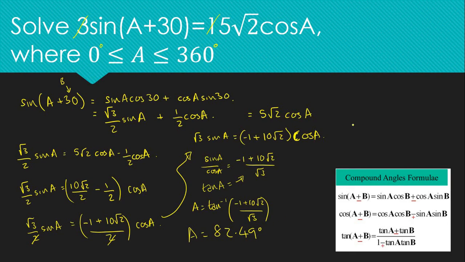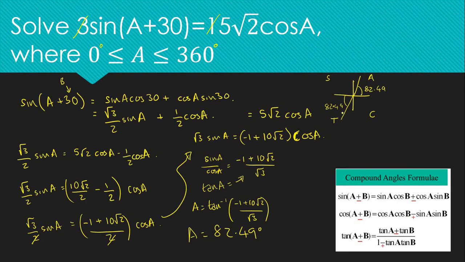Great, but it's not done. There's more to go here. We need to cast it. 82.49 is there. Tan was working out to be positive, so we need to end up in this region here. Tan's positive here, and so we need the other region where tan's positive, which is going to be there, 82.49.